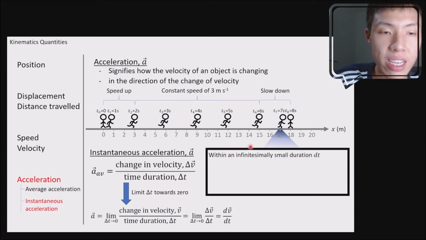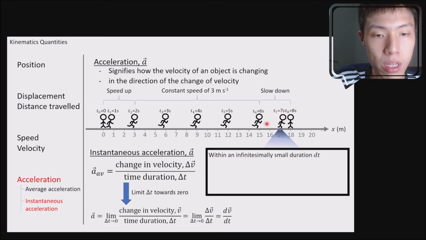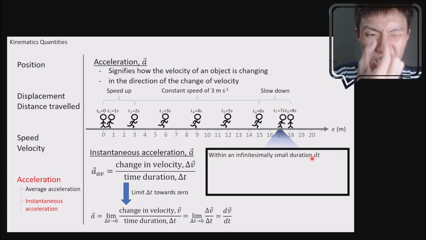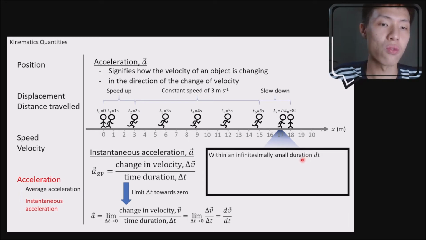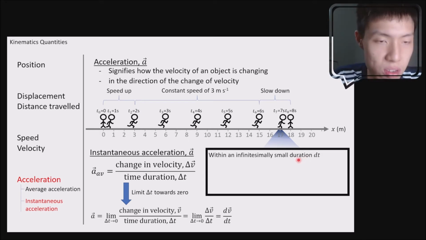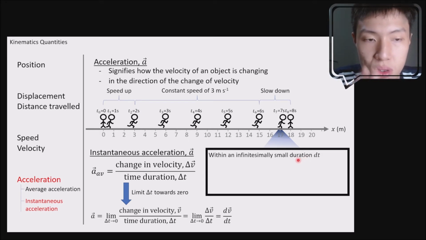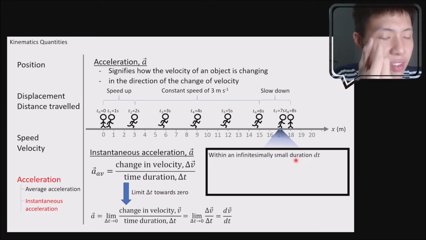We are finding, within an infinitesimally small duration, let's say from 6.999999999 to 7.000000000, that very, very short moment, right?